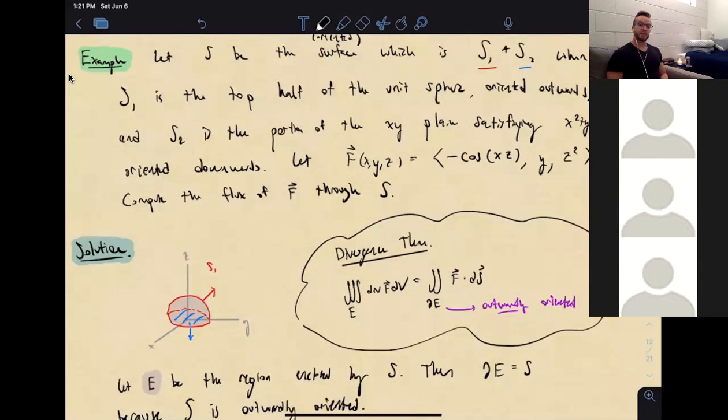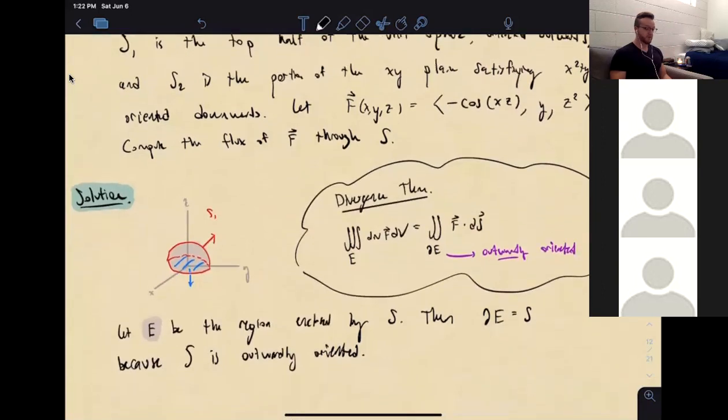And so if S were inwardly oriented, how would this change things? Maybe I'll talk about that in a second with the next thing that I write down.